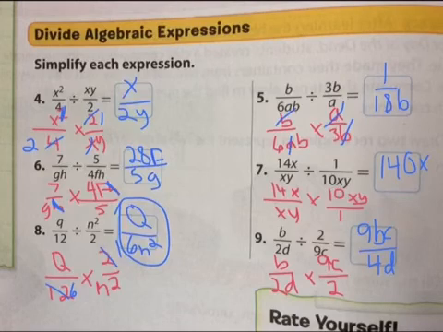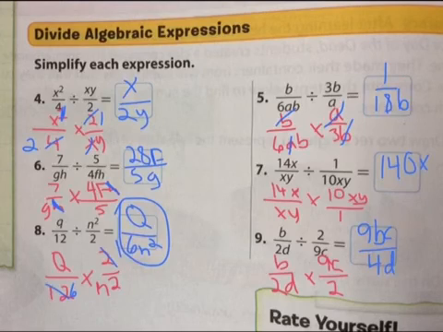I can't just leave that blank. I have to have a 1, okay? There has to be a placeholder. It can't be 0 because there's still a value there. So we put it over 1, okay? Now we have 6 times 3, and it's 6b times 3 is 18b. And there you go. Okay, so remember, if you end up oversimplifying the top to the point that you have nothing, a 1 must go in place.